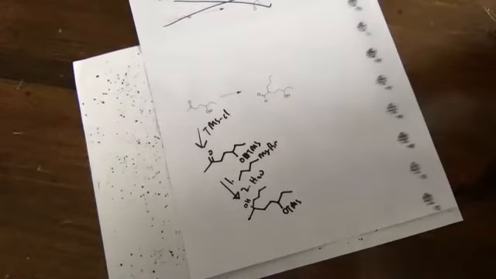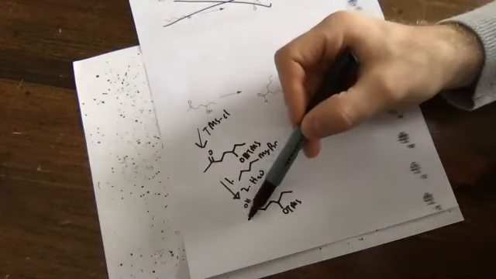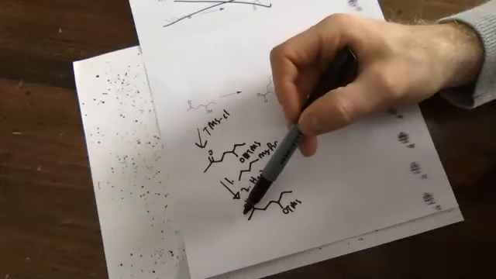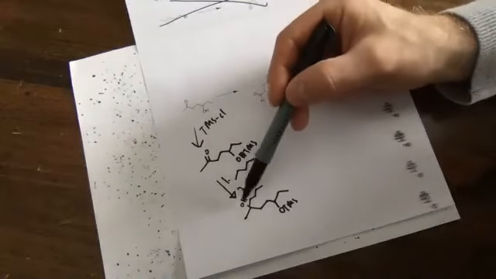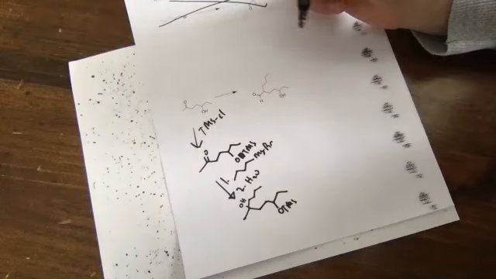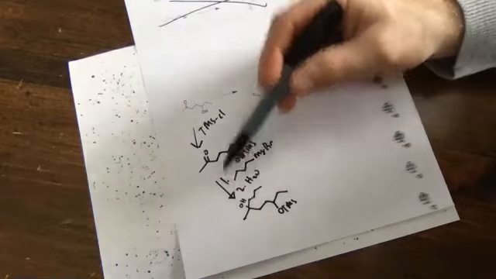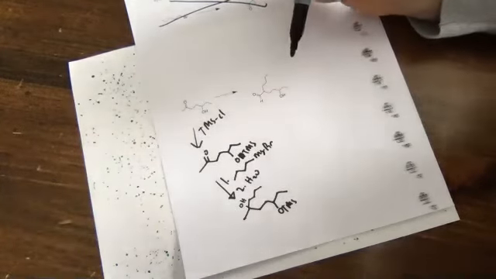And this is another one where people just put what they wanted to see. A lot of people ended up writing their alcohol on this position, which would make it a lot easier to get to the next part. Other people left this as oxidized. But again, that's not going to happen. So from here, we've got to shift over our alcohol and then oxidize it.